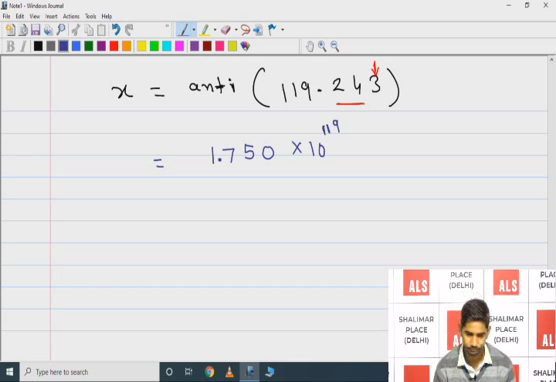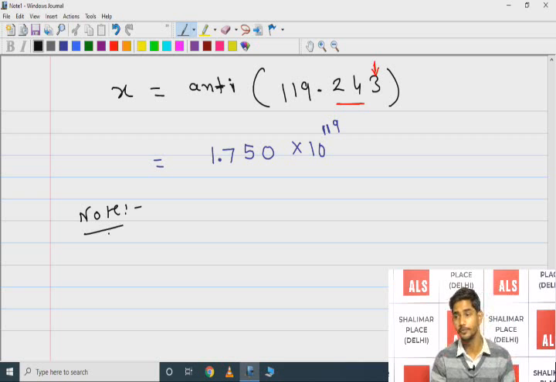Okay. Now guys, one of the most important parts. See, we cannot check the value of log for negative numbers, but yes, we can check the anti-log.